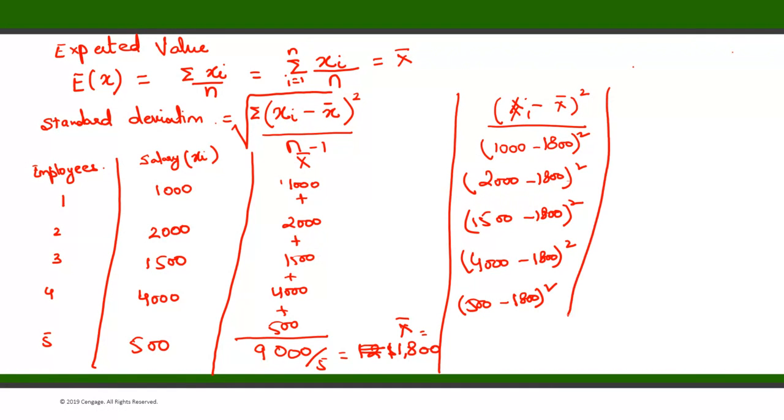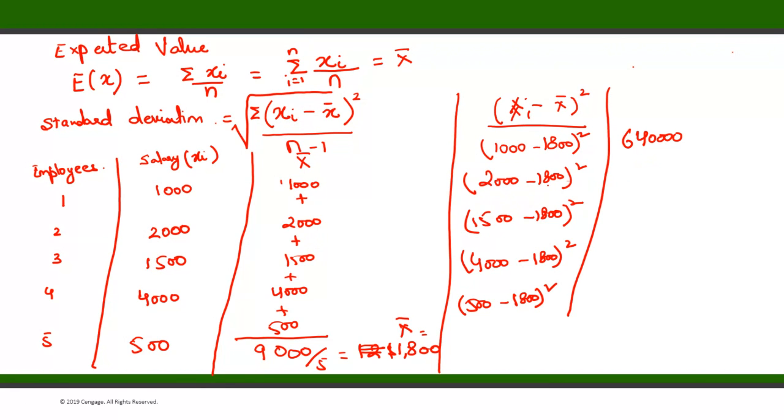So we can compute this pretty easily, and which comes out for the first one is 800 whole square, so it comes out 640,000.